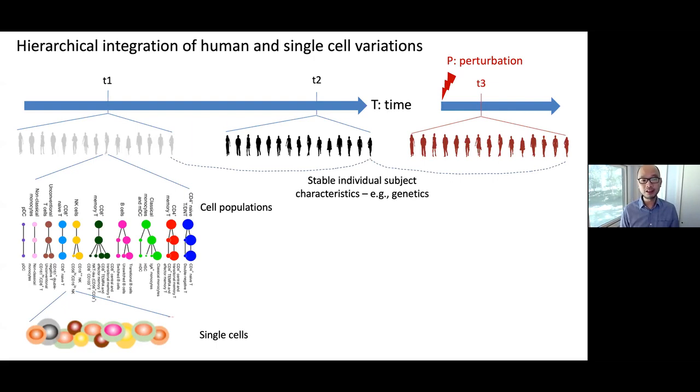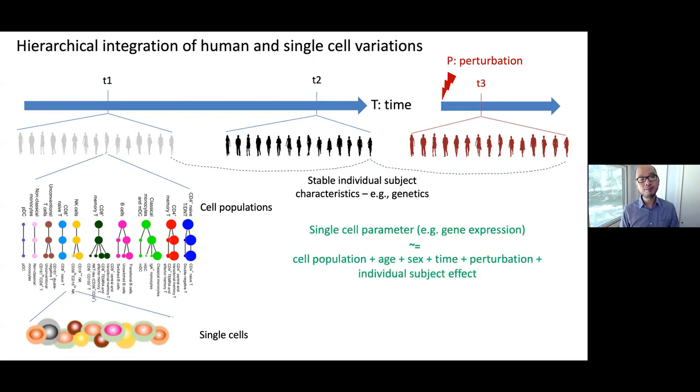which is these more stable individual subject characteristics. For example, they could be driven by genetics, or by certain environmentally induced states. And then we can start to build statistical and machine learning models to decompose this kind of variation. So for example, we can ask, how does the expression level of a given gene depend on where the single cell is coming from, the age and sex of the individual, and the time component? Is it coming from an early time point versus a late time point?